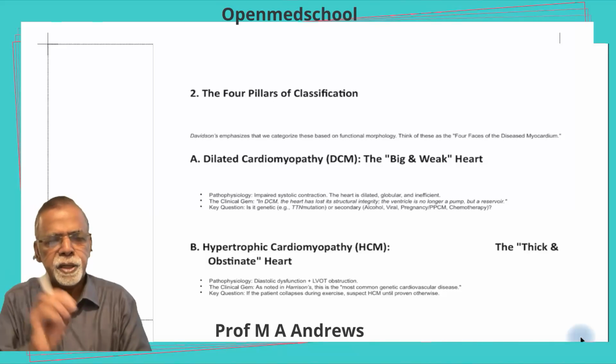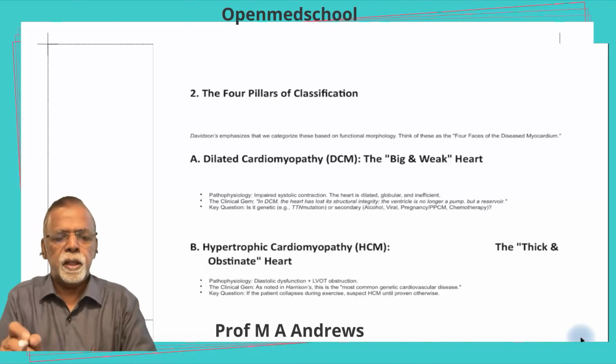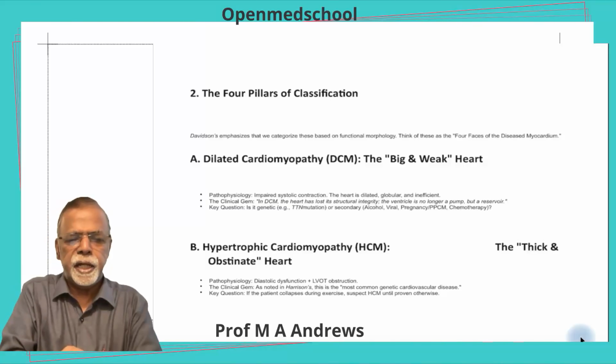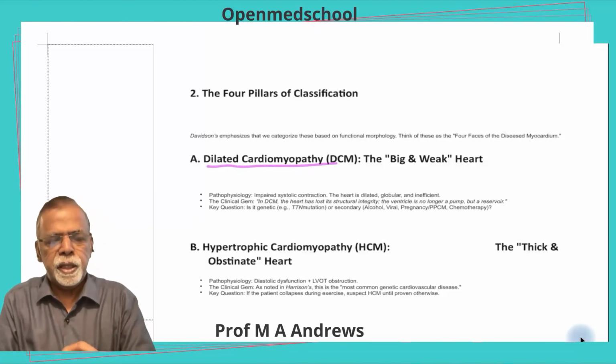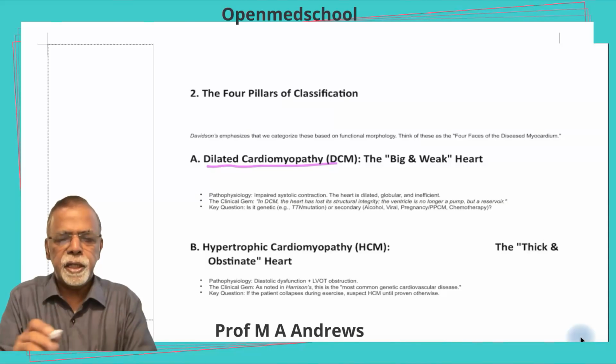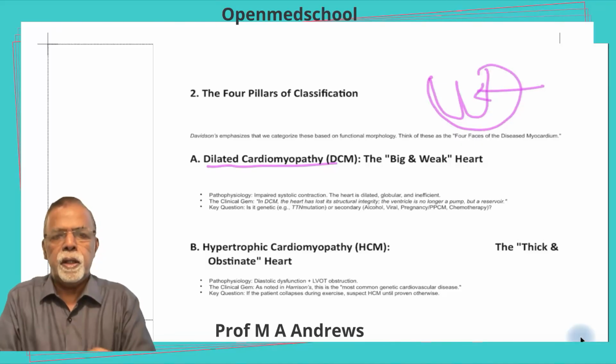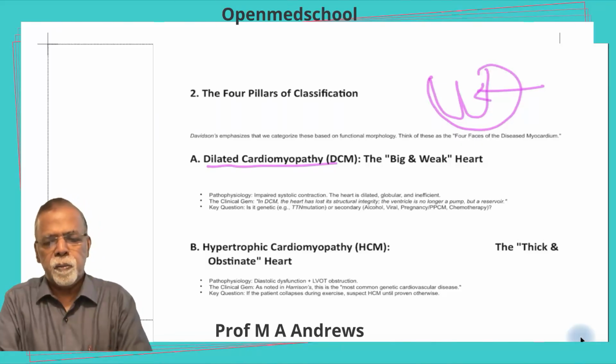Cardiomyopathies are basically divided into 4 main types, and the first is dilated cardiomyopathy. In dilated cardiomyopathy, pathologically there is a dysfunction in systole. So there is a systolic dysfunction. The heart is unable to contract properly.